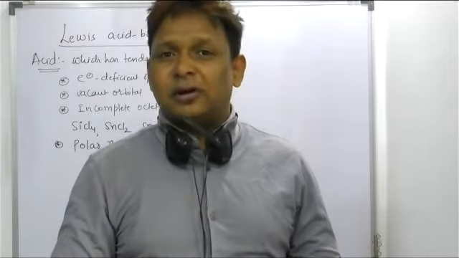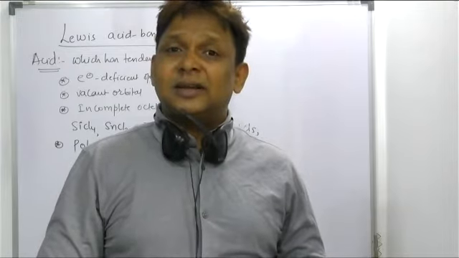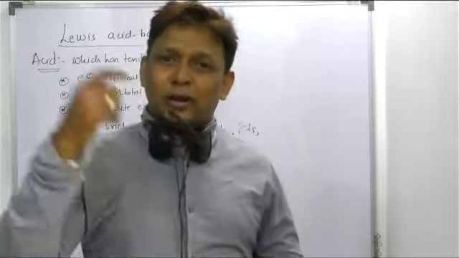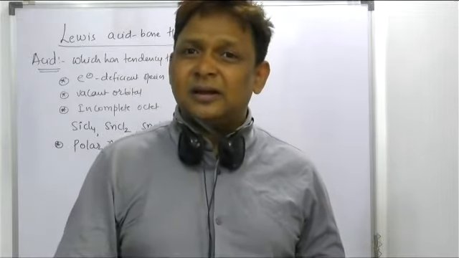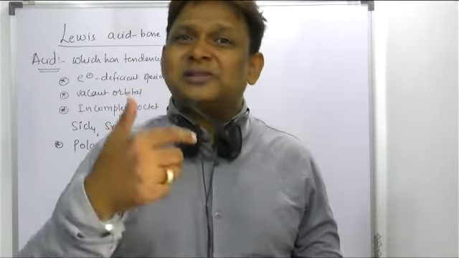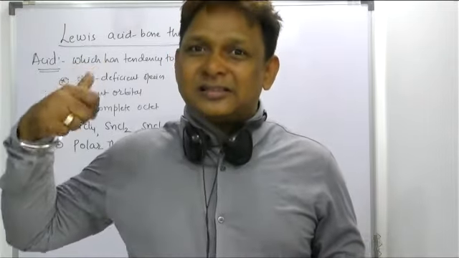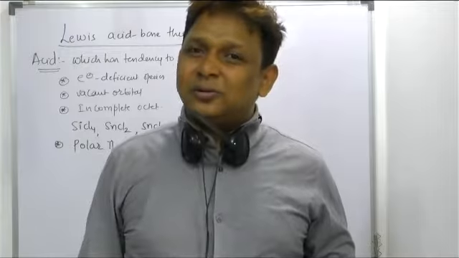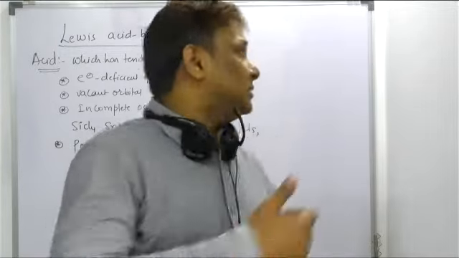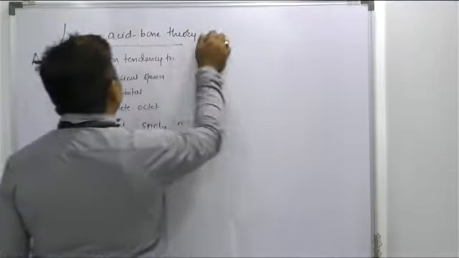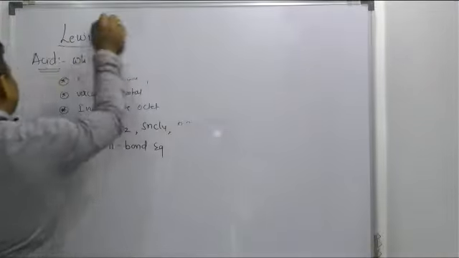According to Bronsted-Lowry, acid means tendency to give H plus ion in any medium. According to Bronsted-Lowry, base means tendency to gain H plus ion in any medium. According to Lewis, acid means tendency to accept a lone pair. Base means tendency to donate a lone pair.